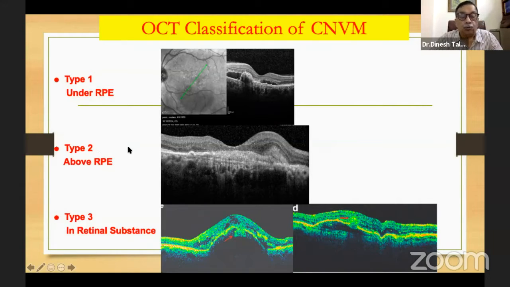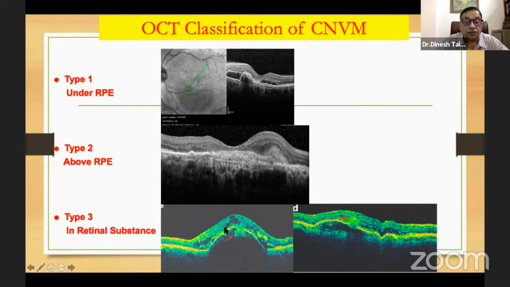In the type 2 lesions, you have the lesion above the RPE. So this is a classic lesion, also now called type 2 CNVMs. Then comes type 3 CNVMs. What is happening here? You see in the retinal substance, there is a lesion which is growing into under the RPE and then causing an RPE detachment.